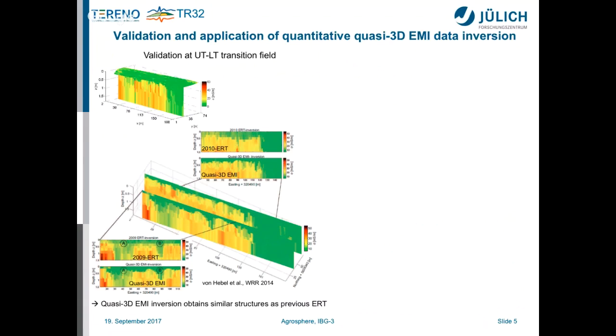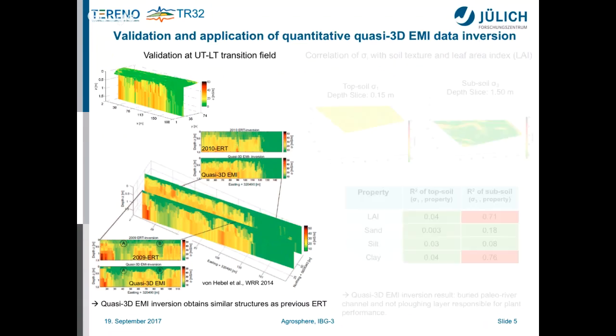And we see that the structures match very nicely, which is also the case for an even older ERT inversion from 2009, which was running from here to here. And we see that here we basically have a 3-layer earth, which was also found by the quasi-3D EMI inversion. And then we have this homogeneous structure here, which was also found, and another 2-layer earth at this location here. And the other structures also match very well.